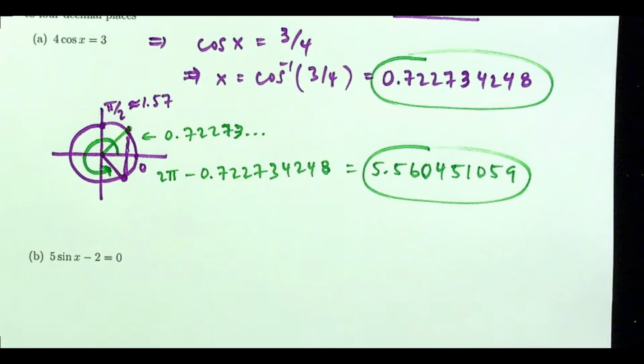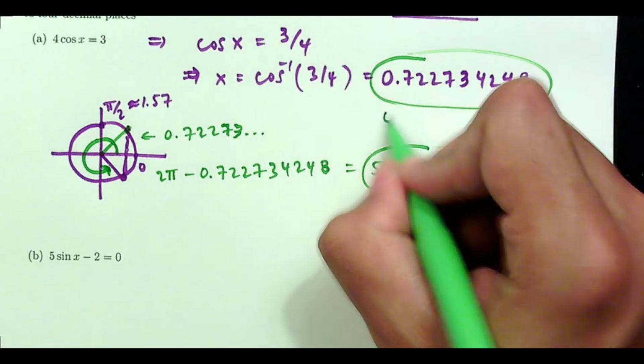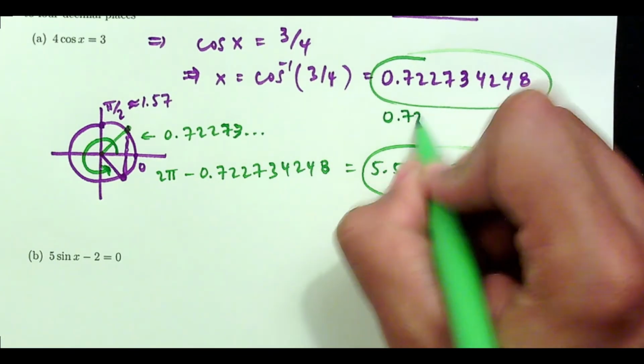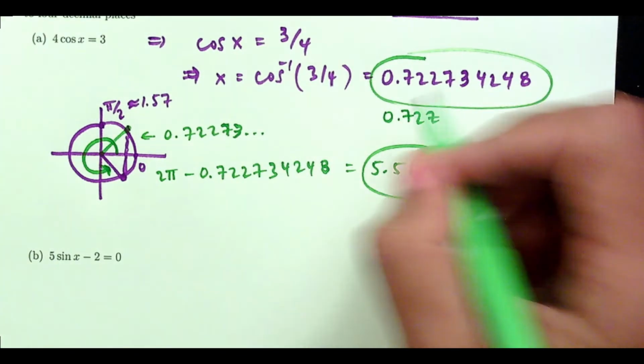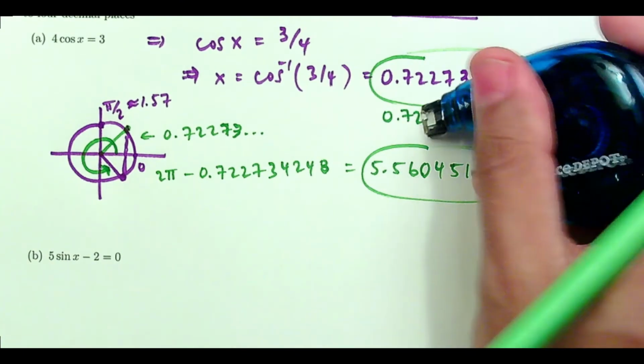I'm done with the problem. I'm about to enter it in whatever online homework system we're using, WebAssign, or in this case, Hawks. Now we can round, and I would enter now 0.7227.